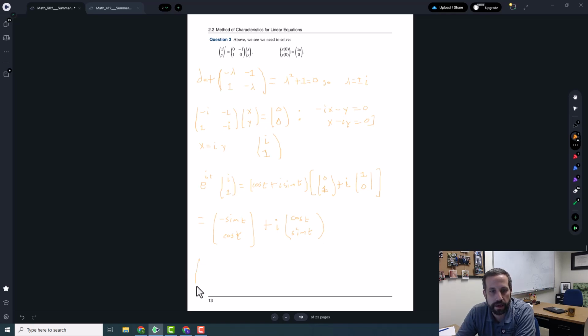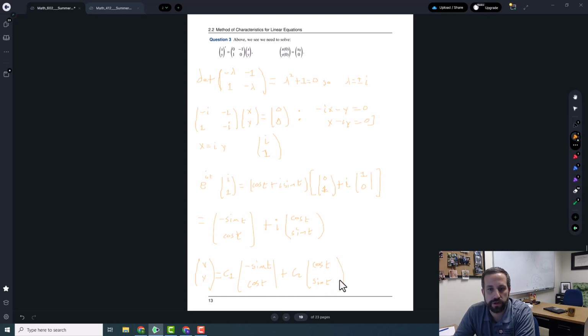is going to be, whoops, I forgot my constants. x of t, y of t is equal to c1 times the real part, minus sine t, cosine t, plus c2 times the imaginary part, cosine t, sine t.